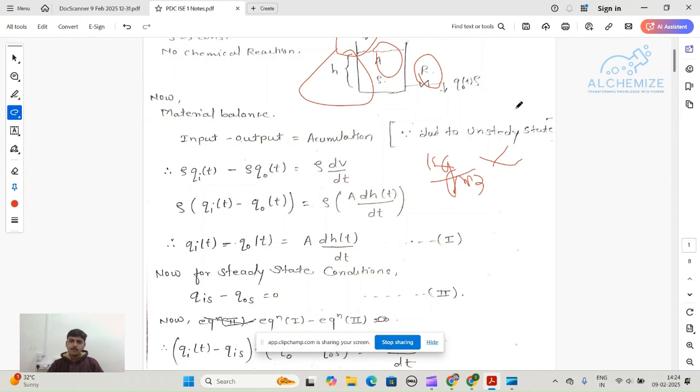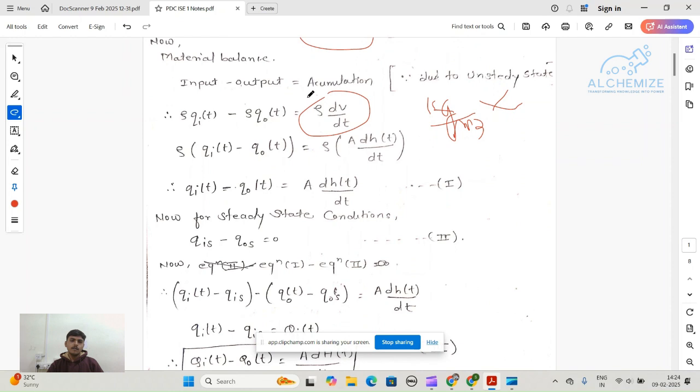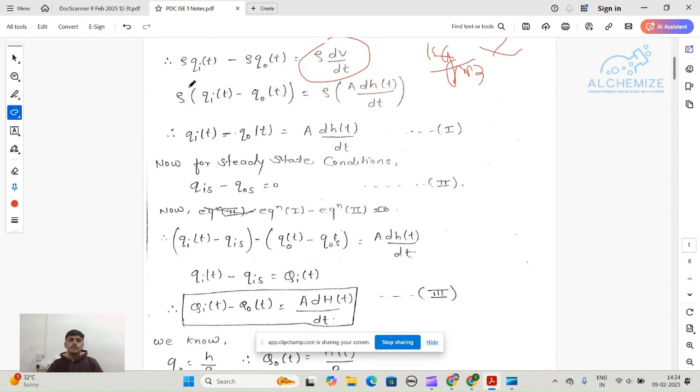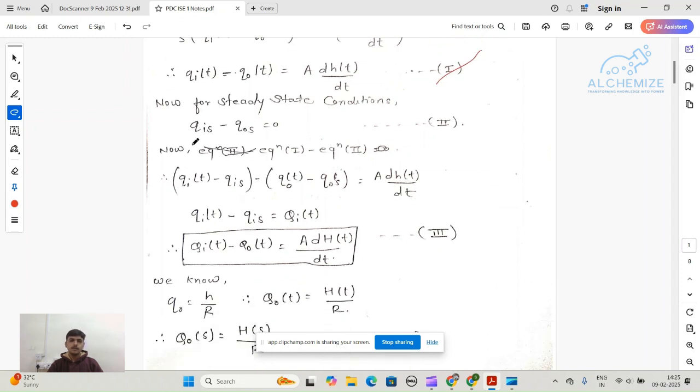So meter cube cancels, and kg per second is our unit. The same unit is there for output. That's why input minus output is equal to accumulation. So rho gets cancelled, and we get this equation. We call it the first equation.